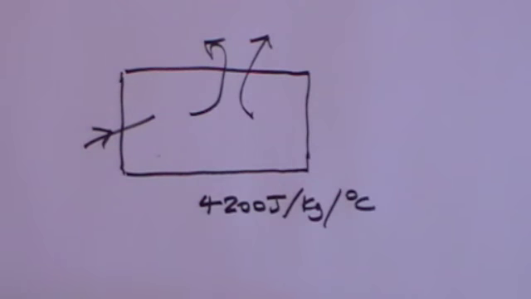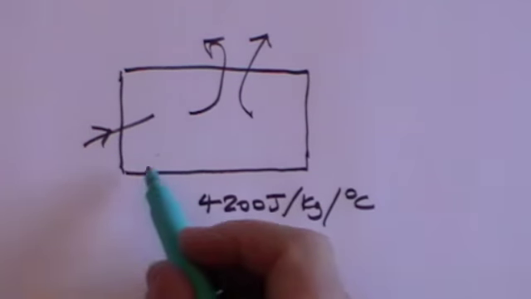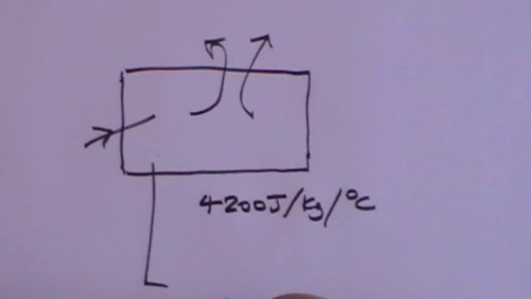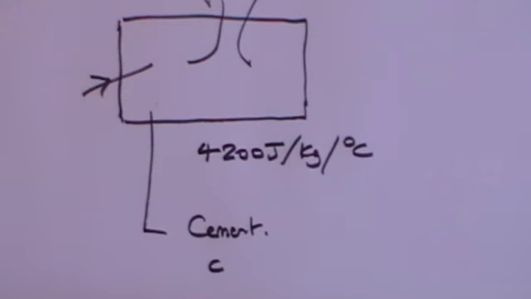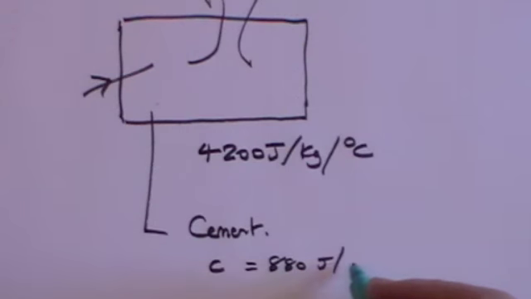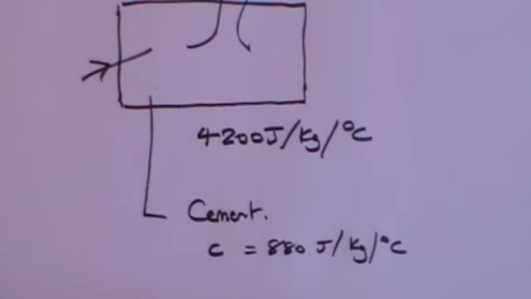And water can be easily pumped round. A night storage heater might use cement blocks, which have a specific heat of about 880 joules per kilogram per degree centigrade. And they hold the heat, and then in the day they release it.